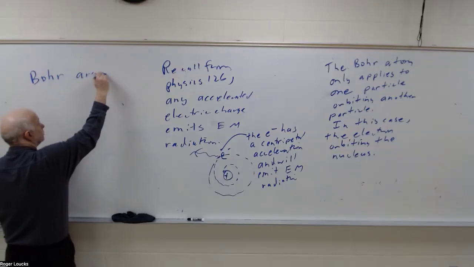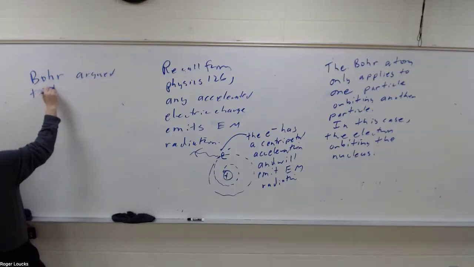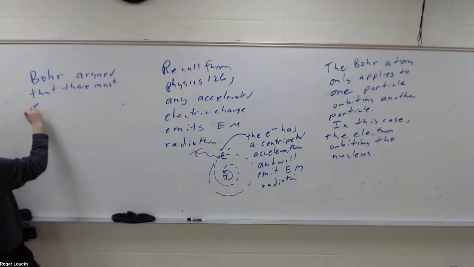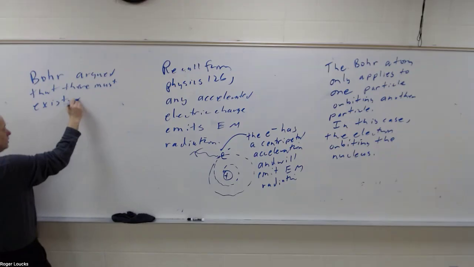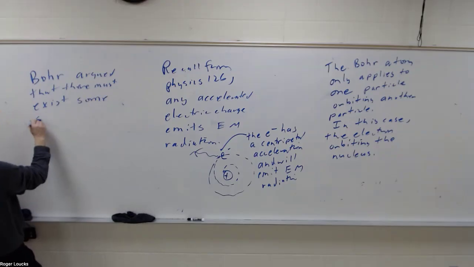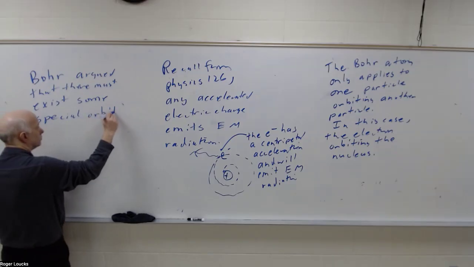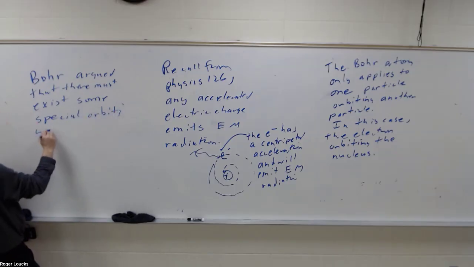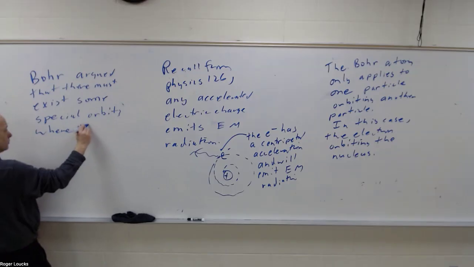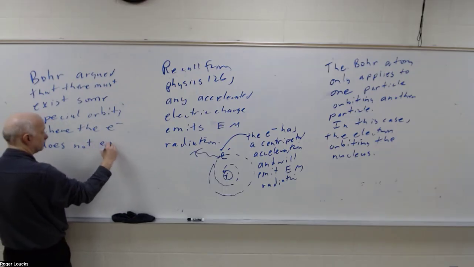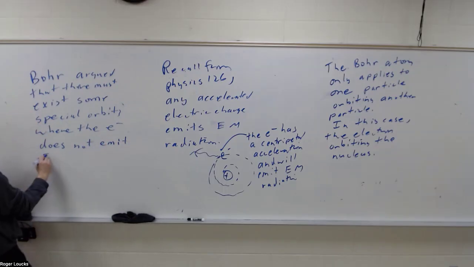Okay, so Bohr argued that there must exist some special orbits where the electron does not emit EM radiation.